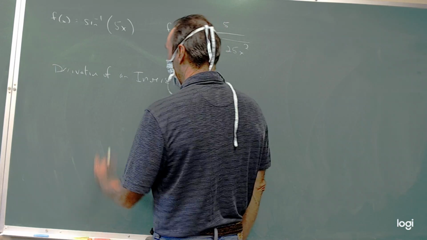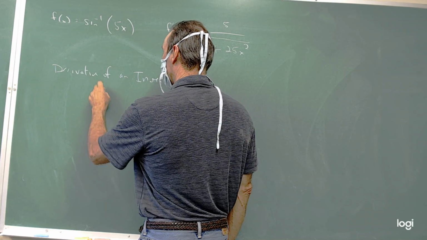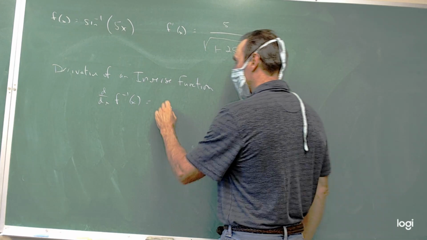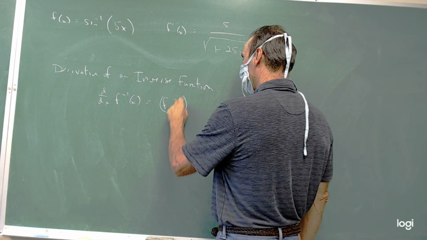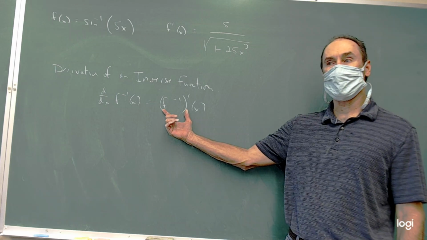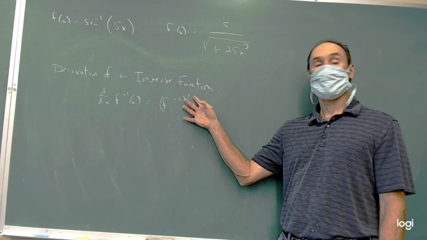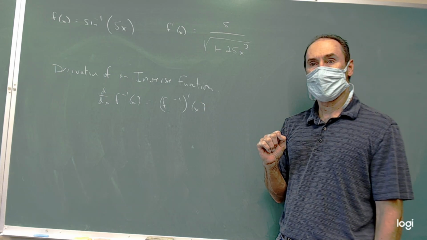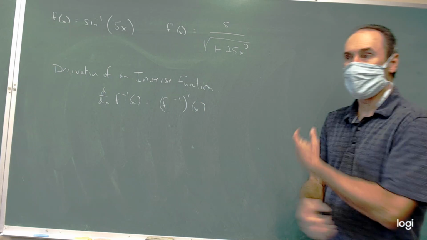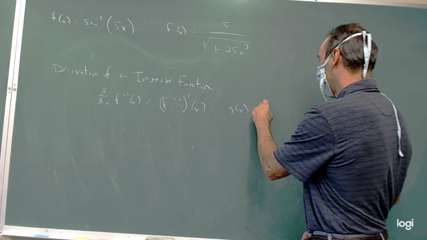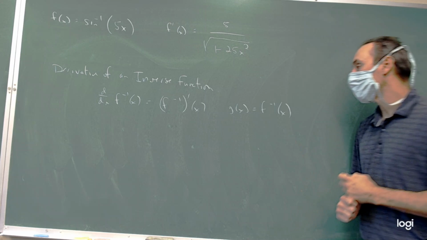But remember, here we're talking about how do you find the derivative of f inverse of x. So the notation here is awful. This is how this is generally written. You write f inverse in parentheses, and then the tick mark outside the parentheses to indicate the derivative of that function. And a lot of times, because the notation is so awkward, what we'll just do is say, well, let's rename the inverse and call it g.